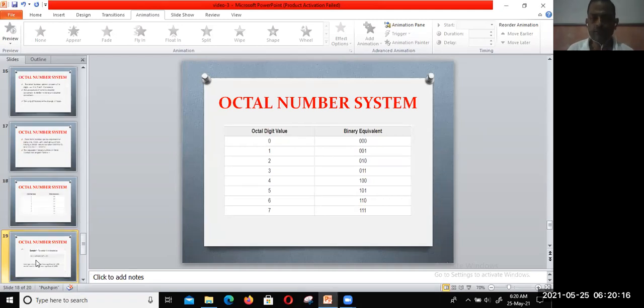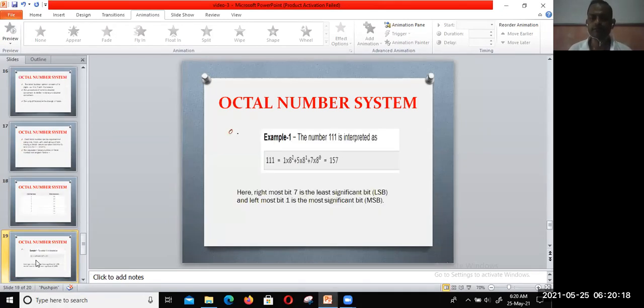Next, see the example of the octal number system. The number 157 is interpreted as here, right? And we are going to convert this to decimal. From the rightmost side, this is 8 to the power 0, this one is 8 to the power 1, and this one 8 square.